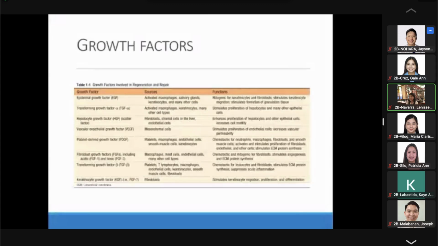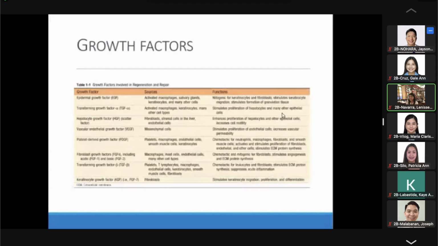ERBB2 or HER2 is overexpressed in breast cancer and it is used in treatment as a guide for chemotherapy. We have HGF, which is the hepatocyte growth factor.